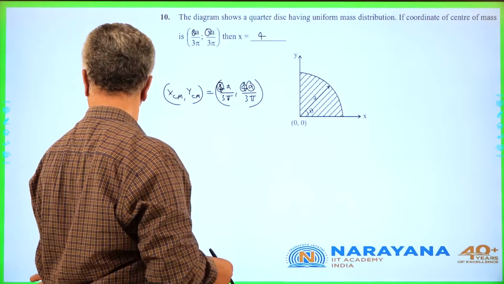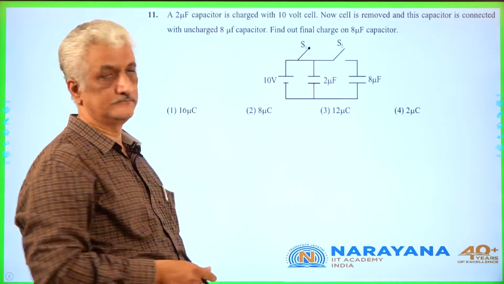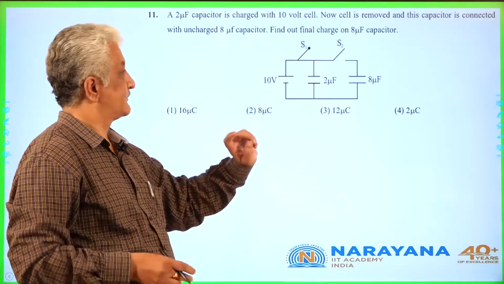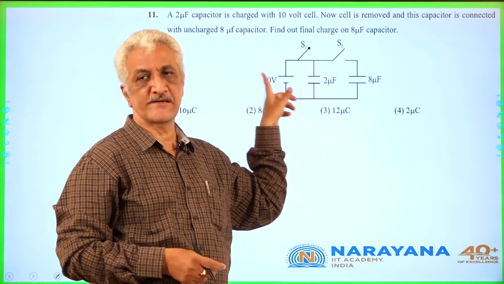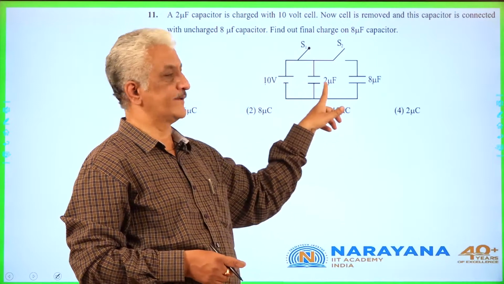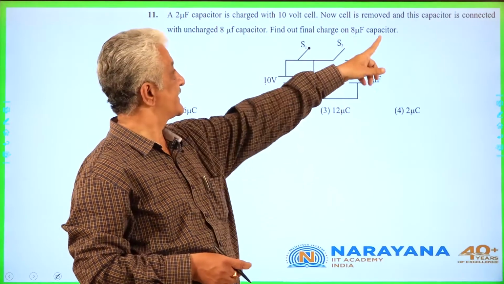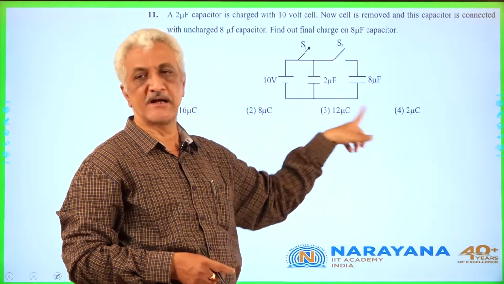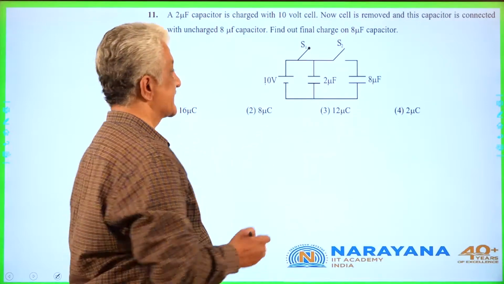Next one. First, what happens is this capacitor is completely charged here. When the capacitor is completely charged, this becomes 10. Then to calculate the final charge, first we have to calculate the common potential. What is the common potential equation?